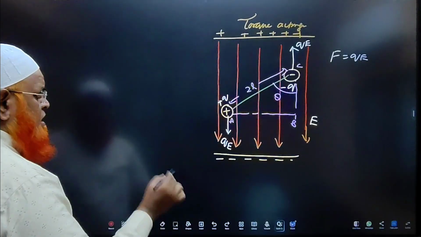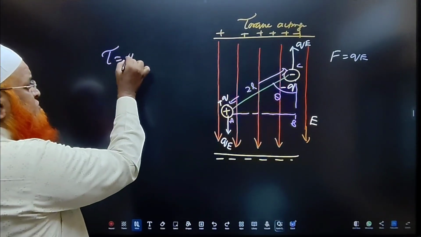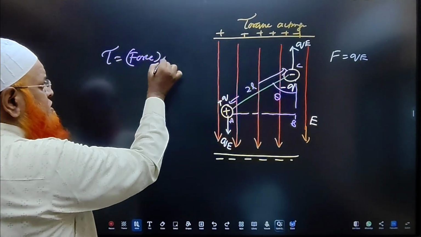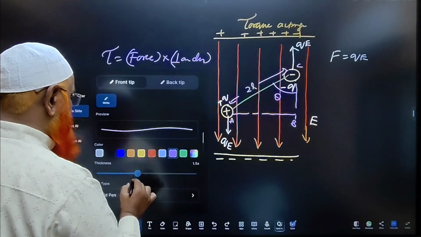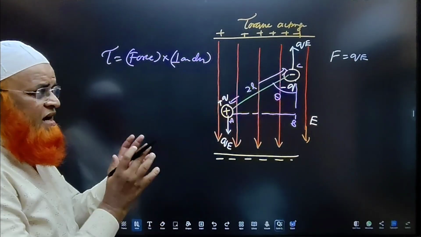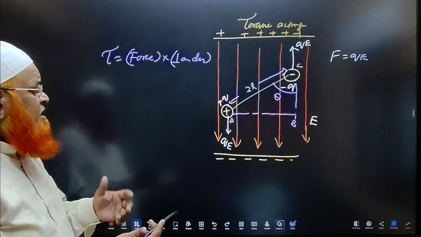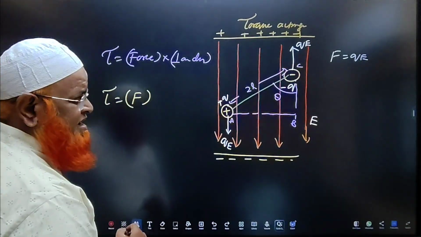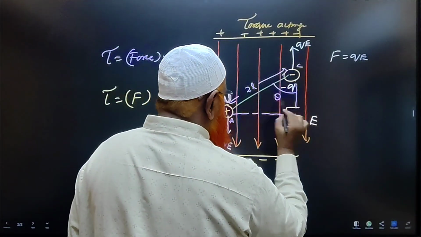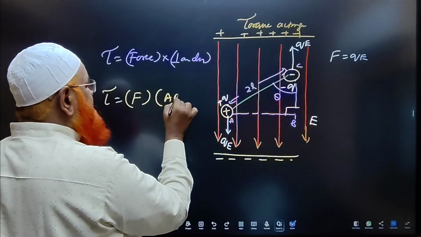See, all of you, torque is nothing but force into perpendicular distance. You just remember this simple formula. Torque tau is nothing but force F into the perpendicular distance, which is considered as AB.